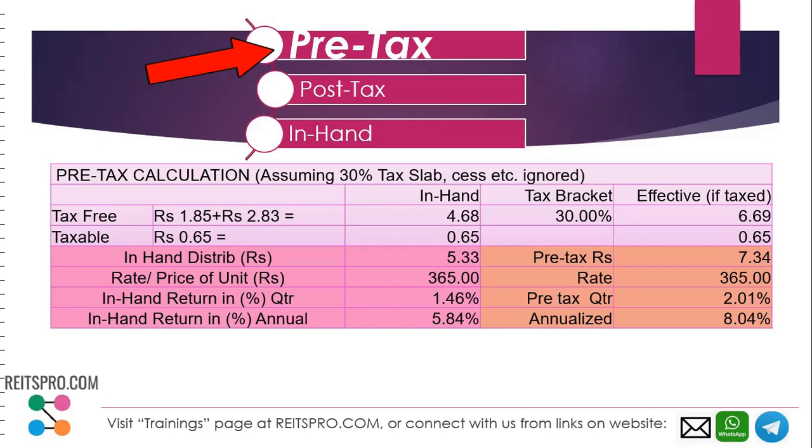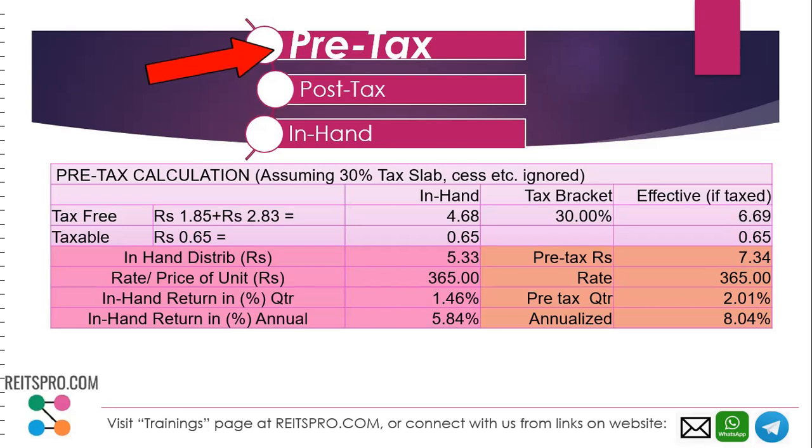But 65 paise is not changed. So what you get is 6.69 plus 0.65, which is 7.34. On a rate of 365, it gives you a pre-tax per quarter of 2.01% and annualized of 8.04%.